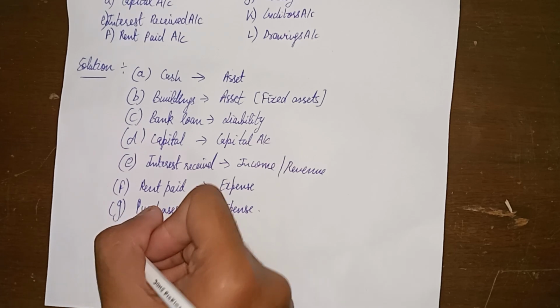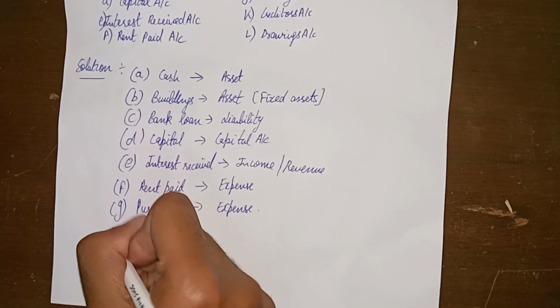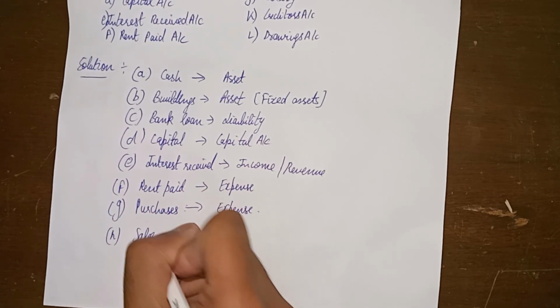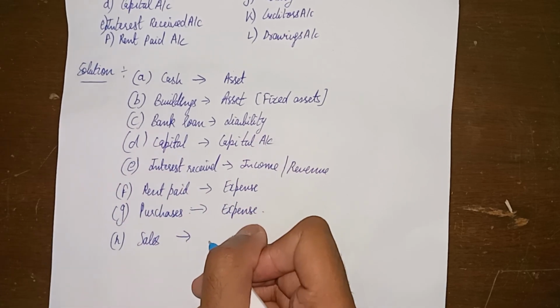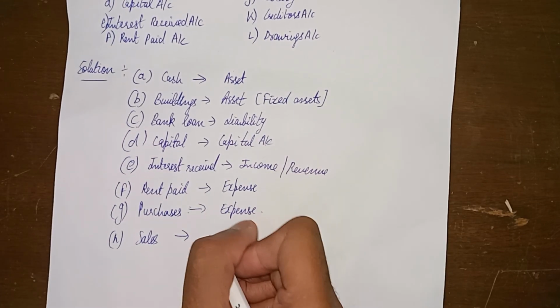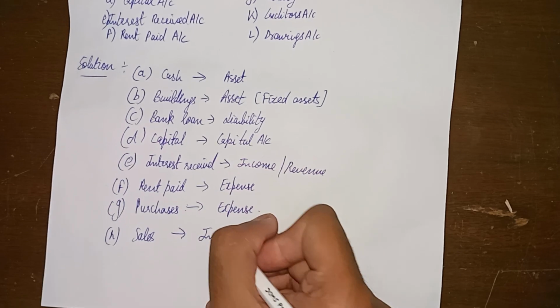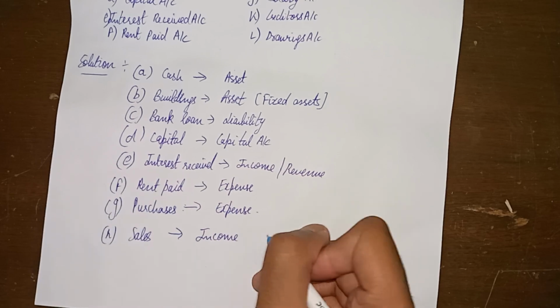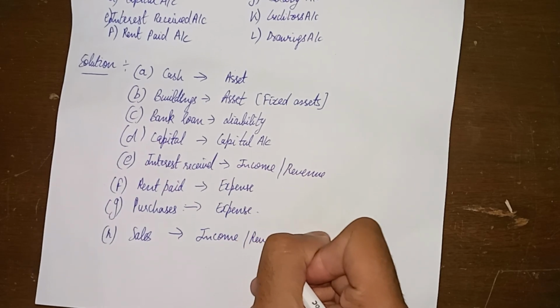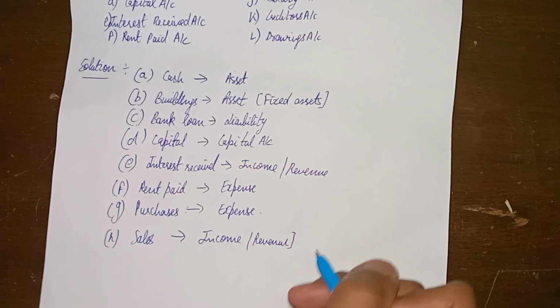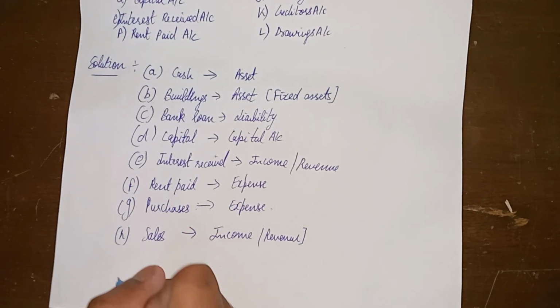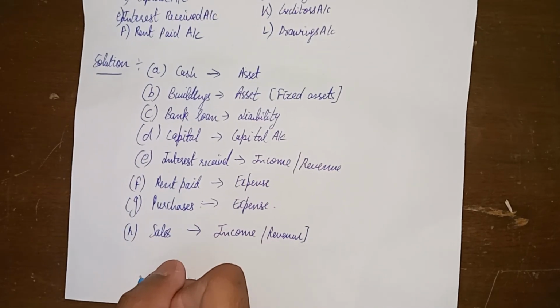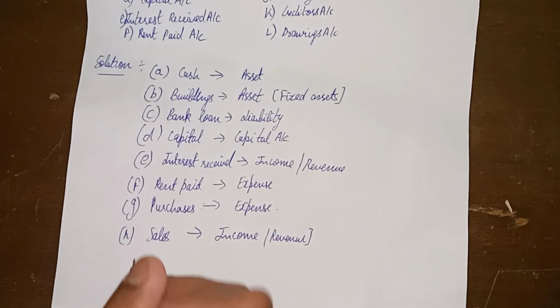The next one, sales. What are sales? Sales are income. You earn money by giving products, or revenue. The next one, computers account.